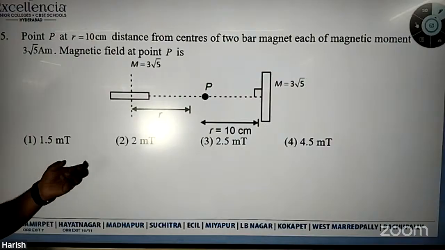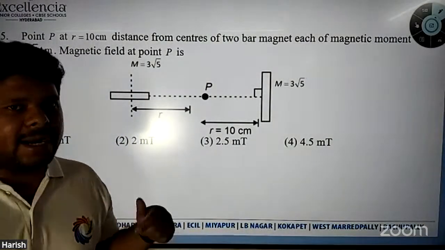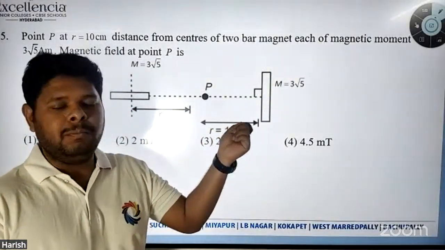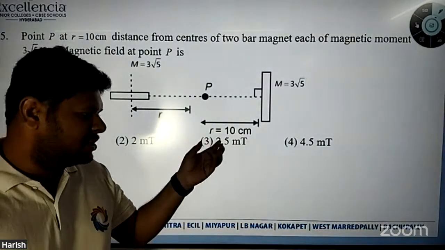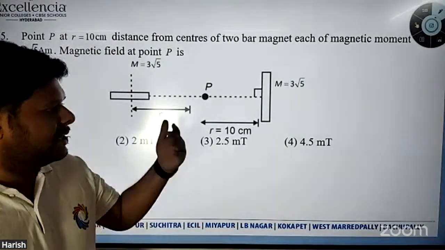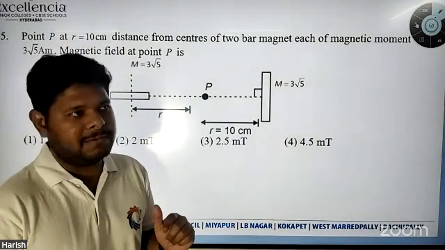I'll just tell the analogy between the electric dipole and the magnetic dipole. See, a bar magnet is basically a magnetic dipole. Okay. So, what are the formulas we study in the electric dipole? Similar formulas come even in the bar magnet also, because this is also a dipole itself. Okay.